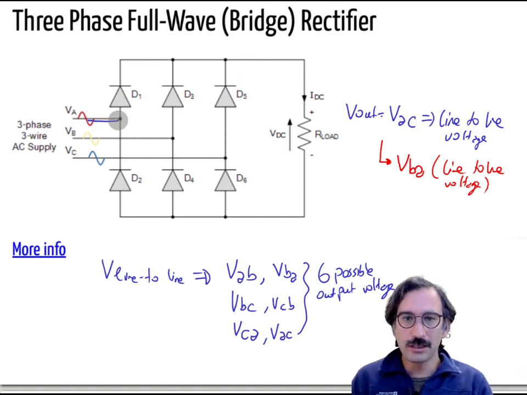If, for example, VA voltage is larger than VB voltage or VC voltage, then D1 will get into conduction, and since one voltage is higher than the other, it will block D1 and D3, so they will not get into conduction.